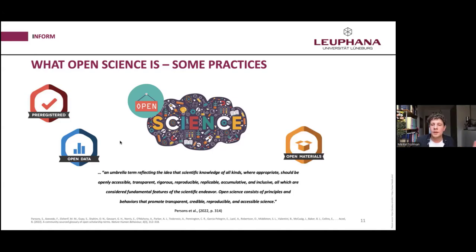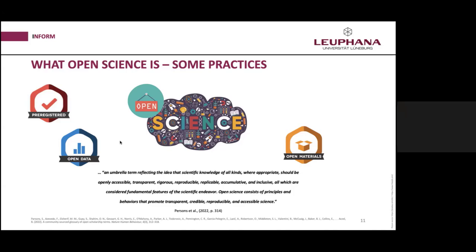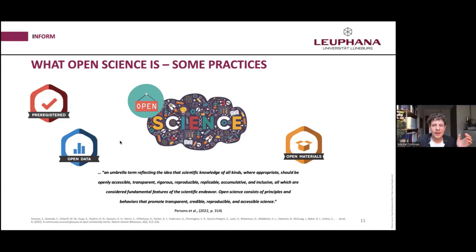Another thing is open materials, and that alludes to some of the aspects also that we discussed in the questions, for example, whether you publish your stimulus. So basically, the open science badge of open materials just means whether you are very open about the stimulus material and provide enough information, for example, about the independent variable.